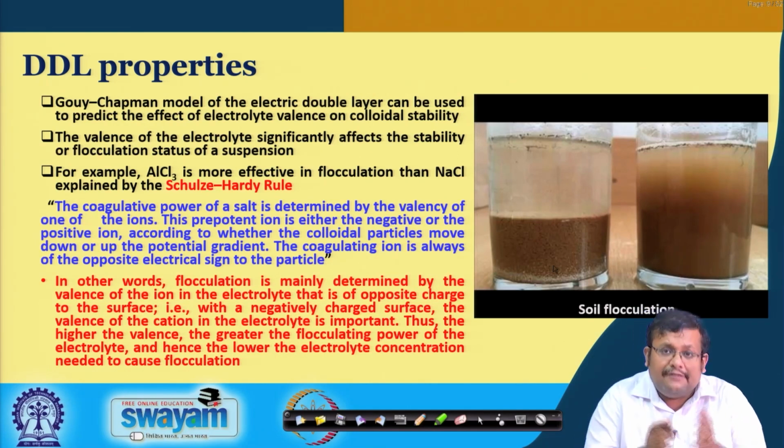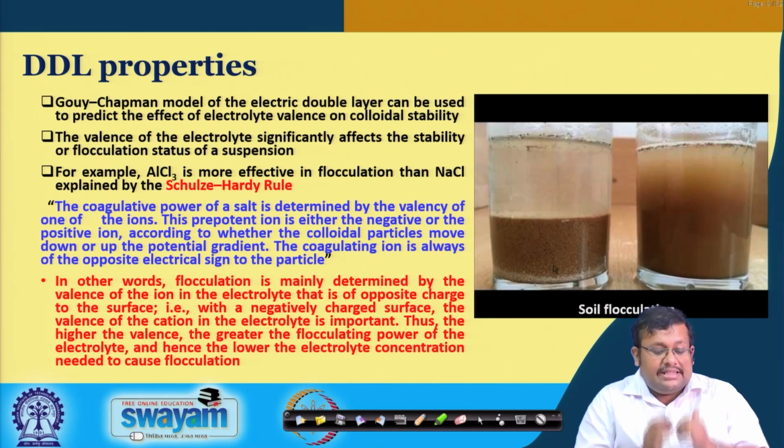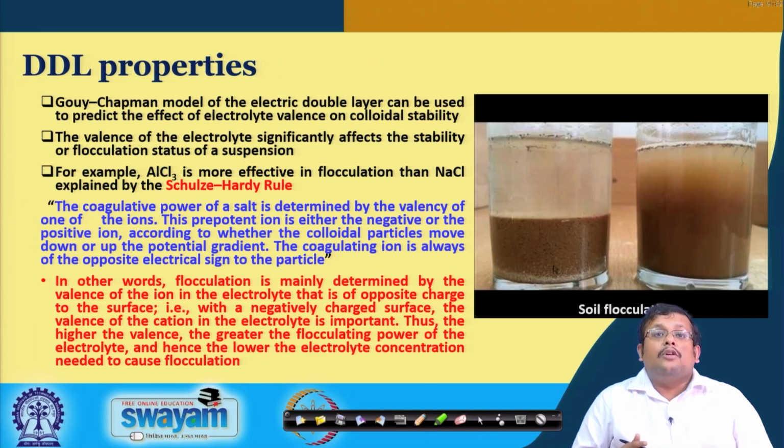If we simplify this statement, in other words, flocculation is mainly determined by the valency of the ion in the electrolyte that is of opposite charge to the surface.